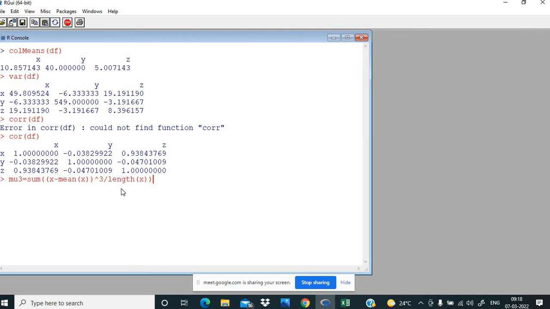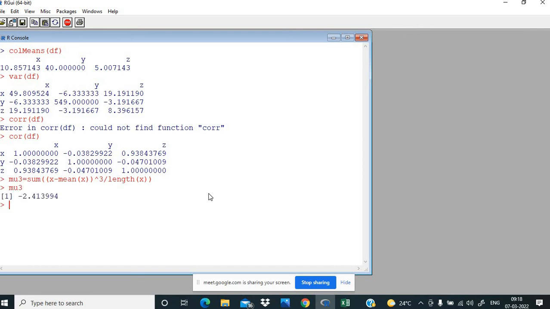The formula for mu3 is 1 by n summation of x minus x bar, the whole thing to the power 3. This is divided by n, that is the length of x, and sum of the entire thing. I think it is correct.